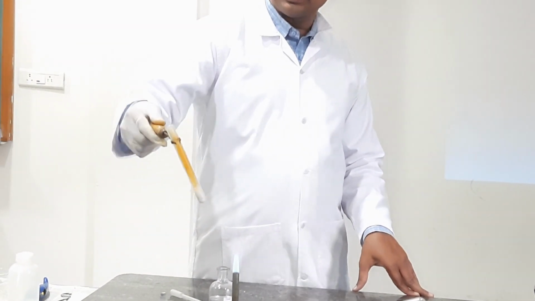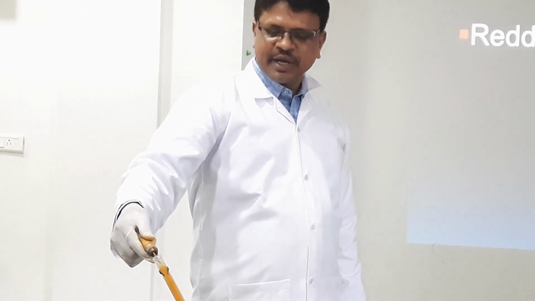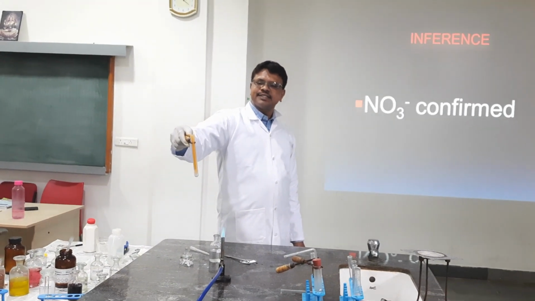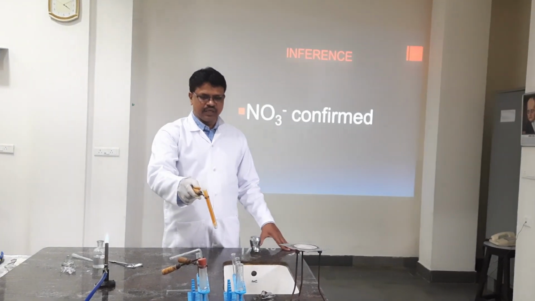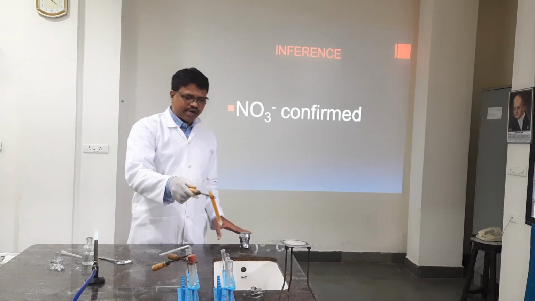So you can see nice reddish brown gases. Okay. So my assumption is correct. So that salt contains NO3 minus as one of the ions. That is the anion. Okay. This is one confirmatory test.